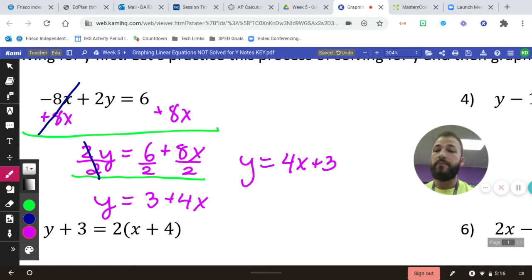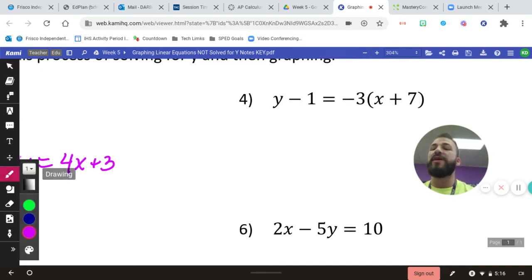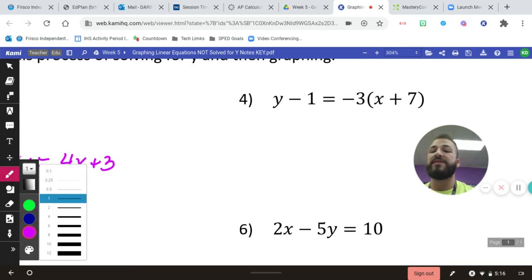Okay, let's look at number 4. We have y minus 1 is equal to -3 times (x plus 7). This time we have parentheses, and if you remember from the beginning of the year, parentheses always mean to distribute, and it should be the first thing you do if you can work with those parentheses.